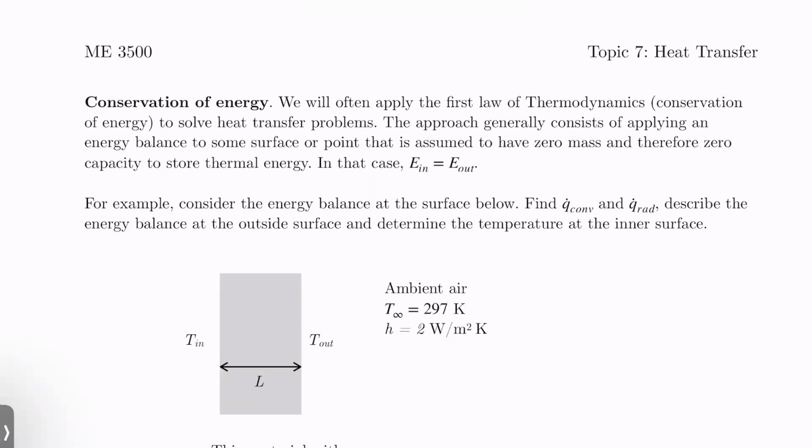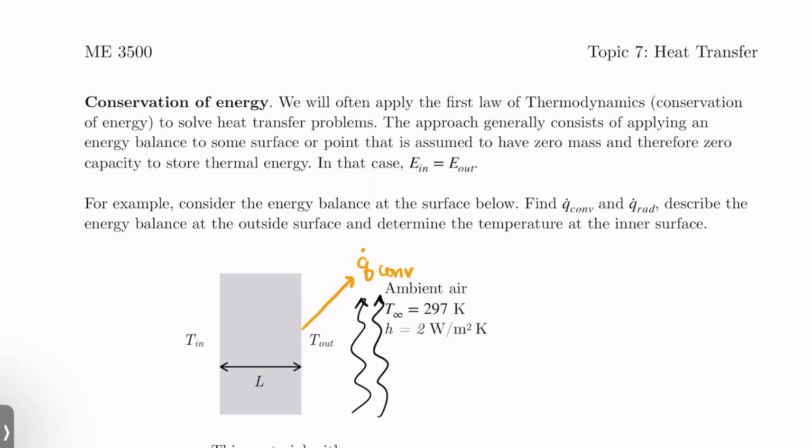Let's draw in the heat transfer that's going on here. We have ambient air on the outside surface. We're given a convective heat transfer coefficient and also the T infinity value. This implies that we have some flow going on here, and because of this, convection.